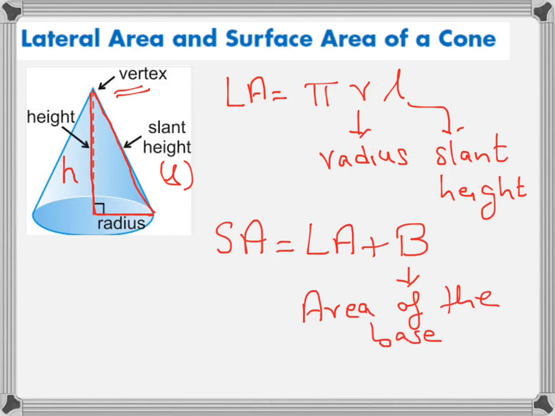What is the shape of the base in a cone? It is a circle. So what is the formula to find the area of a circle? Pi r squared. So LA is pi r L, and SA is LA plus B, and B is the area of the base, which is pi r squared.